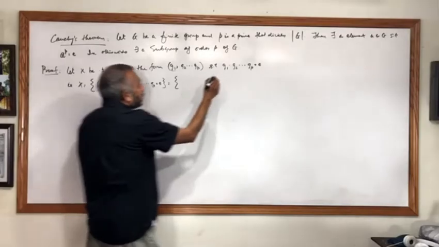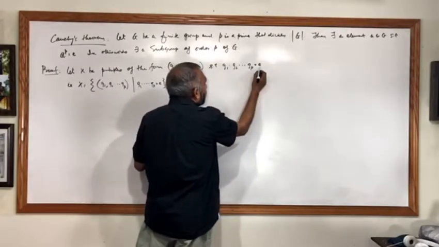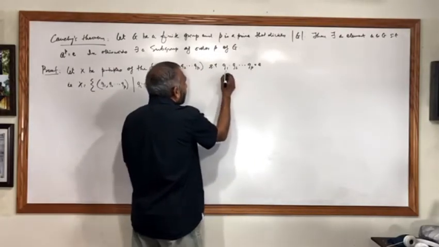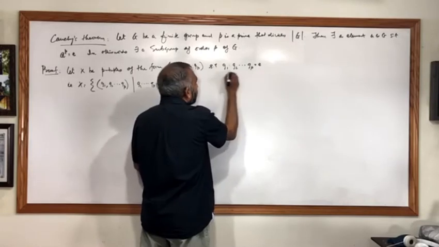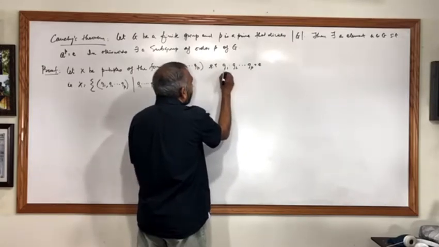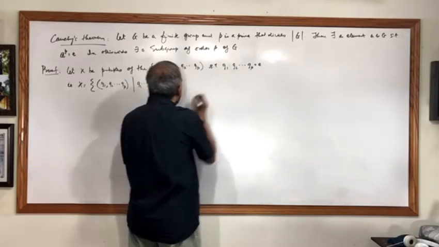If this is equal to e, then gp is the inverse of the product g1 ... g(p-1).